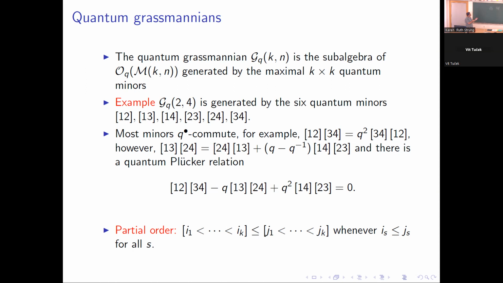So this notation means I'm picking up columns I1, I2, up to Ik, and this is the quantum minor formed on rows 1 to k and columns I1, I2, up to Ik. And so I can define a partial order on the set of generators by imposing that I1 is less than J1, I2 is less than J2, etc. And that gives me a partial order on my set of quantum Plücker coordinates.